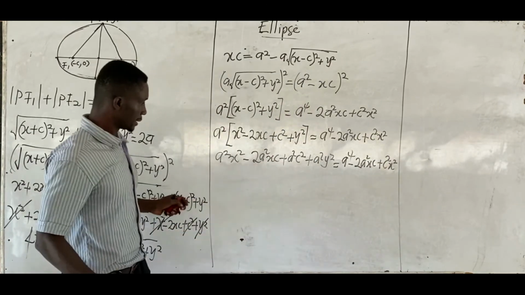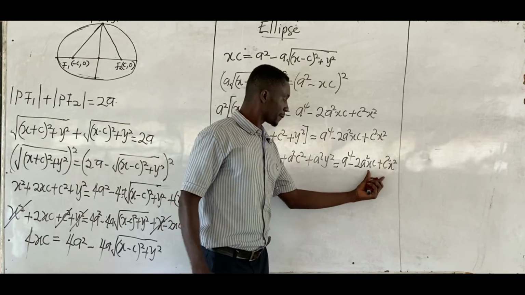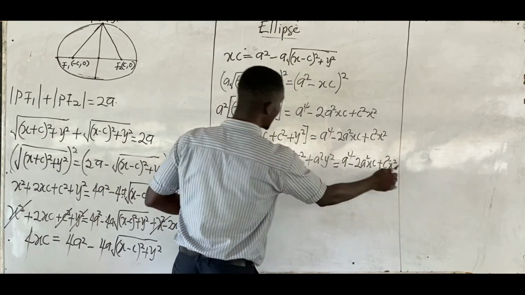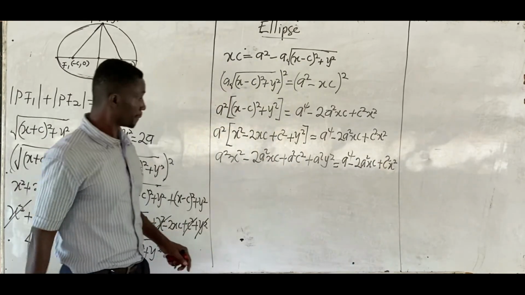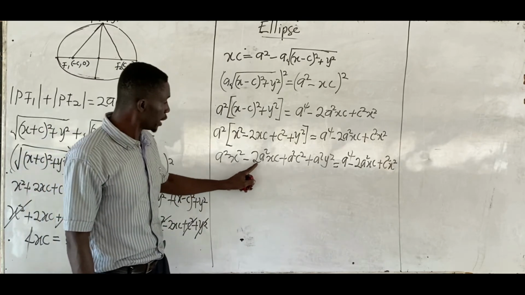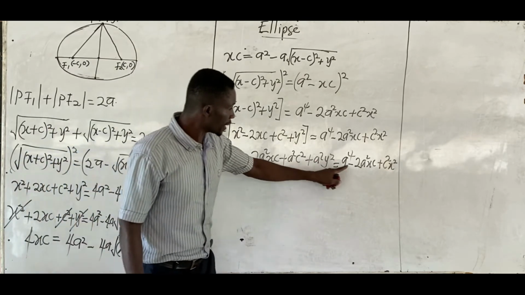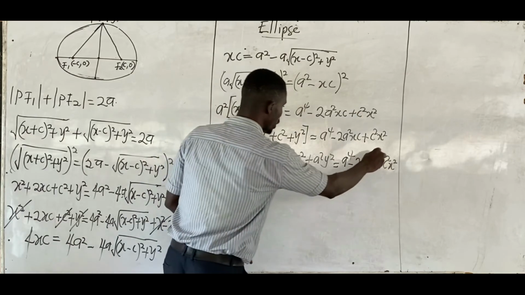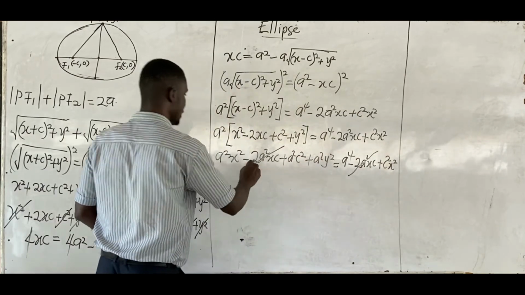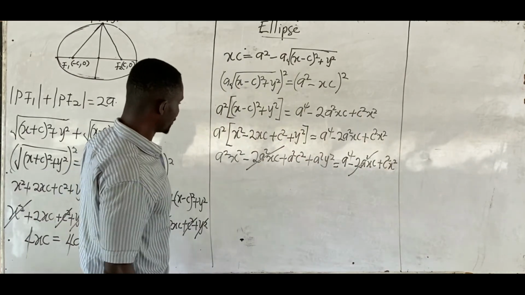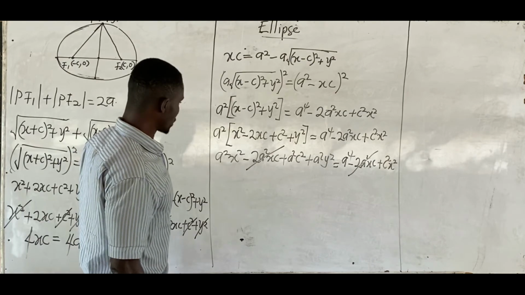Now you look at the left hand side and the right hand side, you compare. You see that we have negative 2a squared xc on both sides. So this one will cancel this side. Now, good.